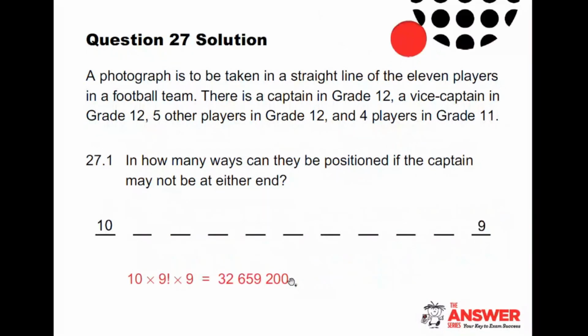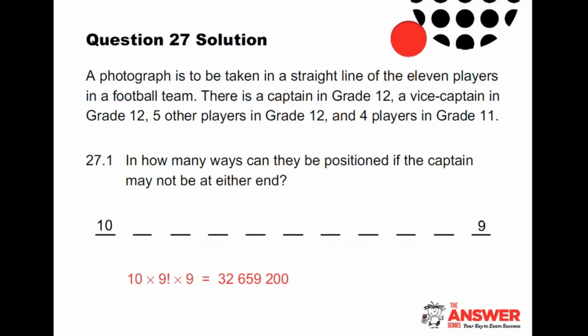Okay, let's take it slowly. In how many ways can they be positioned if the captain may not be at either end? Right, I've got 11 players. The captain may not be in the first position. So how many people can sit in that first chair? 10. The captain may not be in the last chair, but the person who's sitting in the first chair can't also be in the last chair.